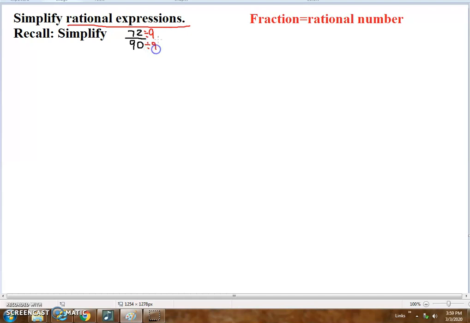And then the top, 72 divided by 9, gives us 8. And 90 divided by 9 gives us 10. And then we see 2 goes into both of them. We can divide both of them by 2. And that gives us 4 over 5. That's just one way to do it. But if you can see 18 goes into both of them, we can go ahead and divide both numbers by 18.